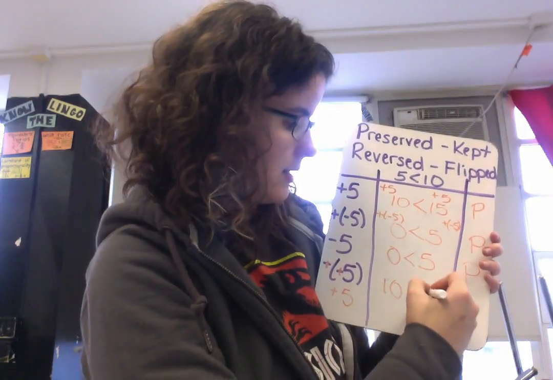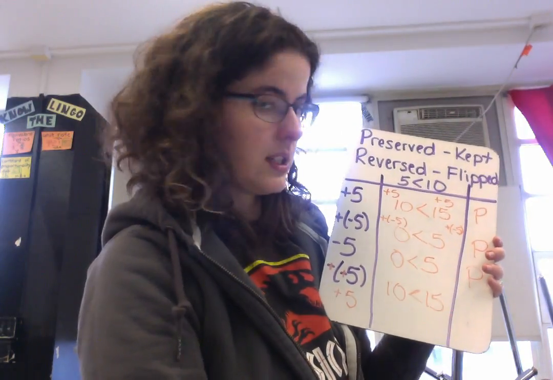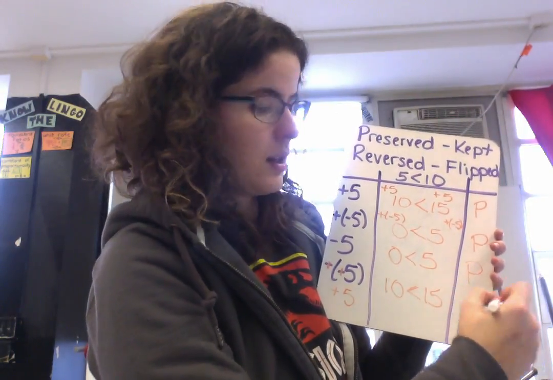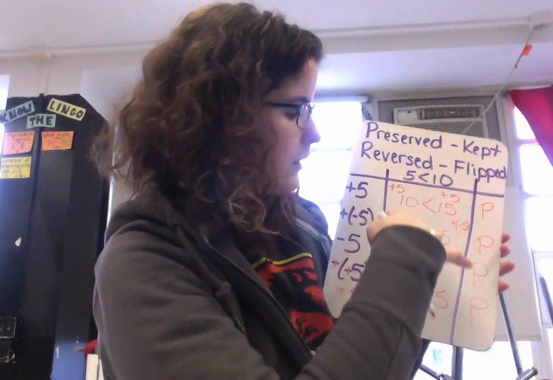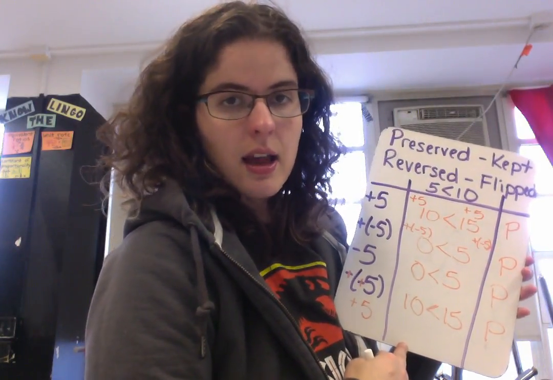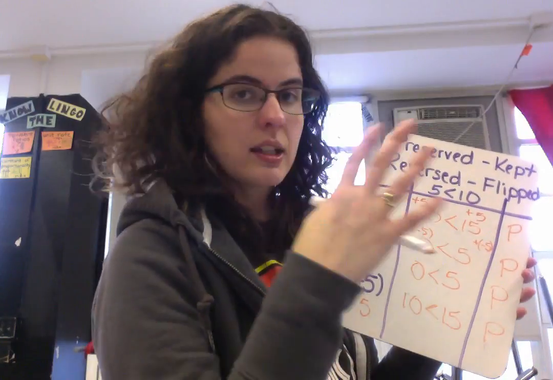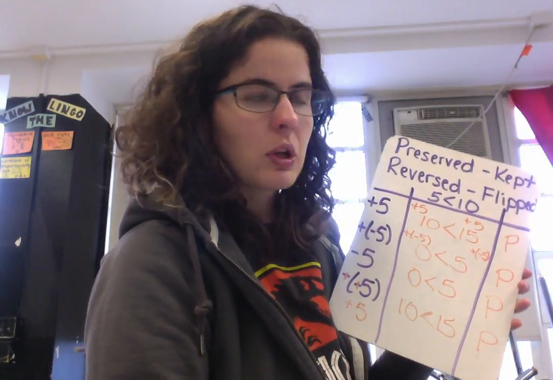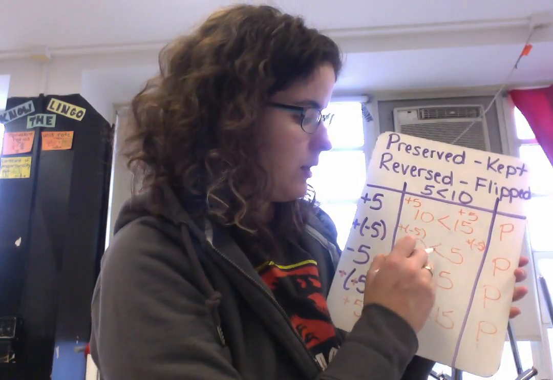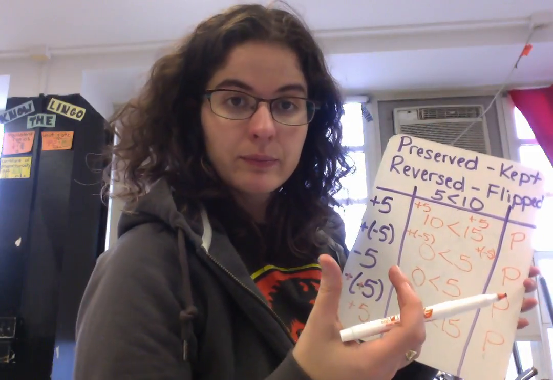And we know that 10 is less than 15, and so that preserved the inequality. So it looks like for all of these things, the inequality is going to stay the same. If you add or subtract to both sides, you're going to keep the inequality symbol from flipping. It's going to preserve the inequality.